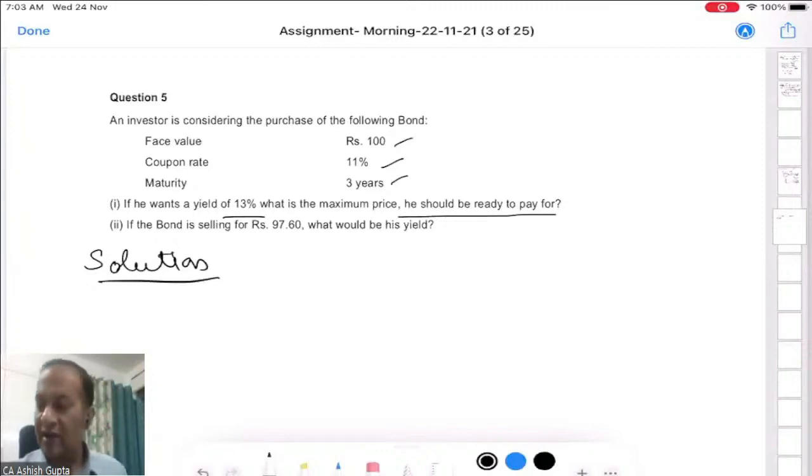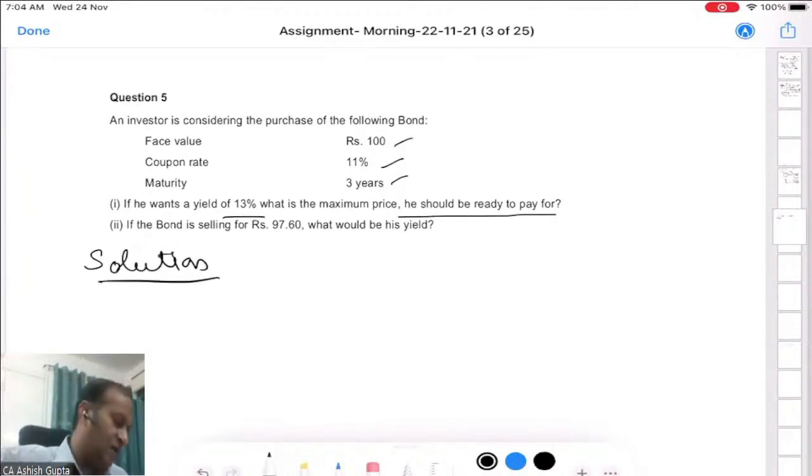If anyone has solved it, please share the answer with me. Let me check. Okay, students, no problem. I will start with solving the question.